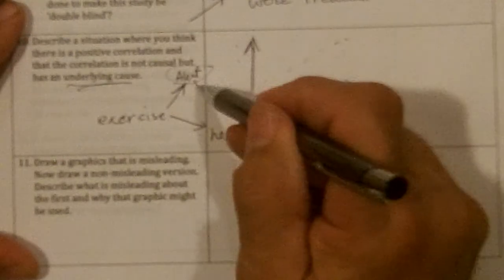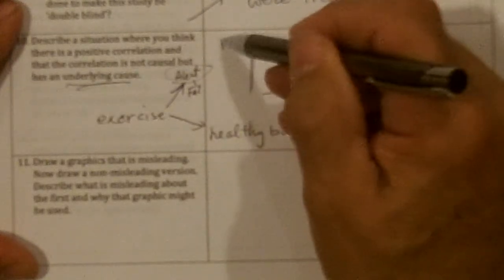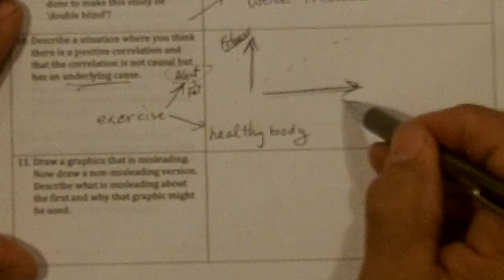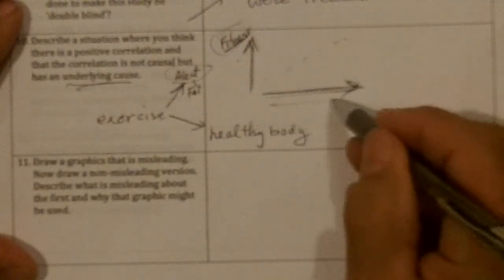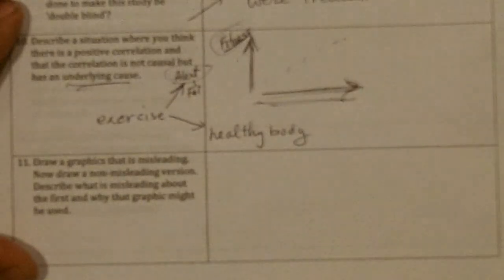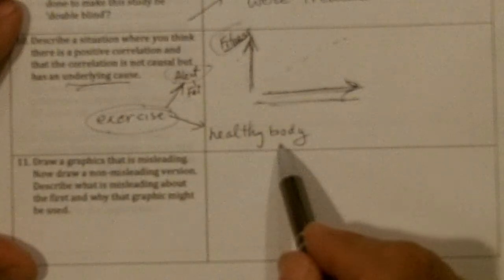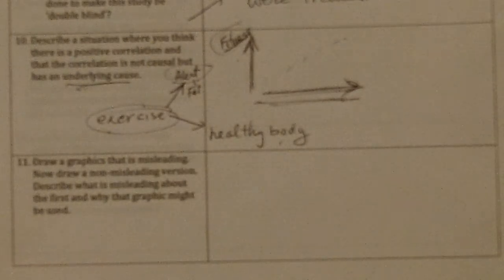Perhaps you are better fit. So we can put the fitness on this side and healthy body, or you could say performance in some activity and healthy bodies. So look, you might have a study that says, oh, look at the people with healthy body are more fit, or they're more alert. And so having a healthy body makes you more alert. But what's really causing it is somebody's exercising, creating a healthy body, and making you more alert. So that's a possibility. I'm not going to write that down, but that's one possibility.